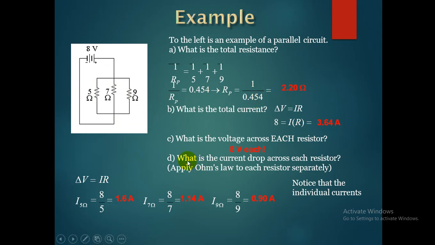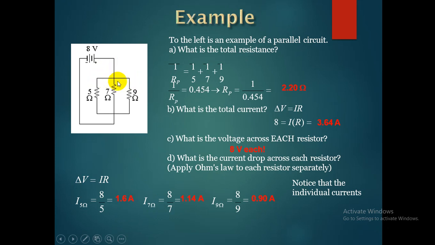And finally, what is the current through each resistance? Apply the same Ohm's law here. We know the 3.64 ampere current, and we know the voltage. Because these three are connected in parallel, the total current entering this node is going to be divided into 3 parts.